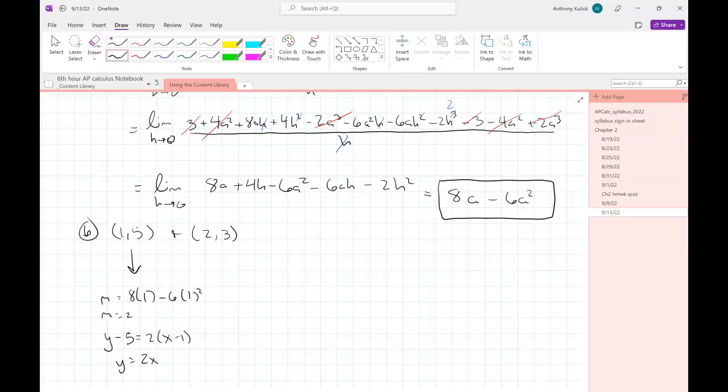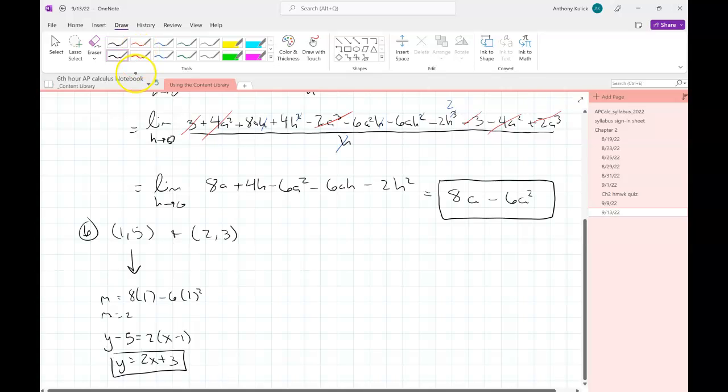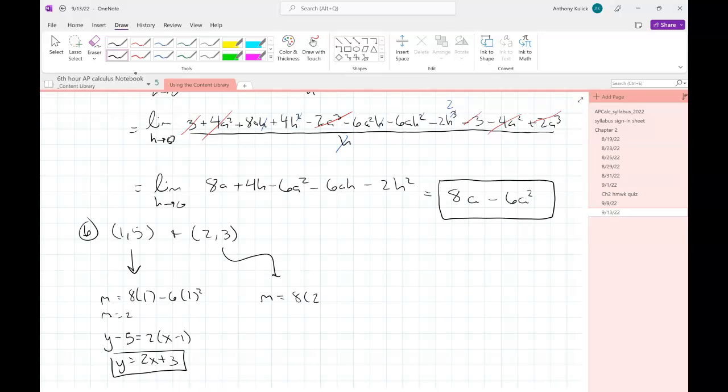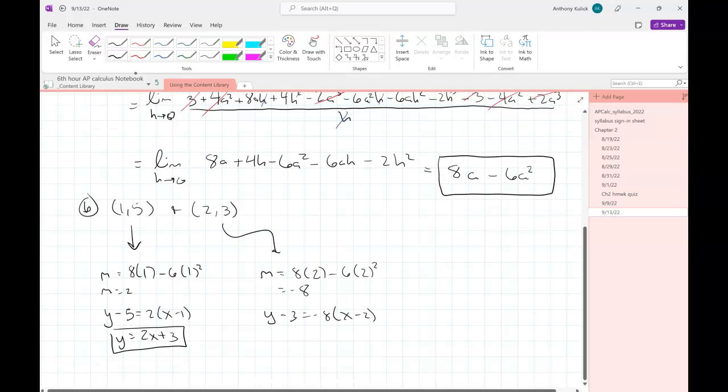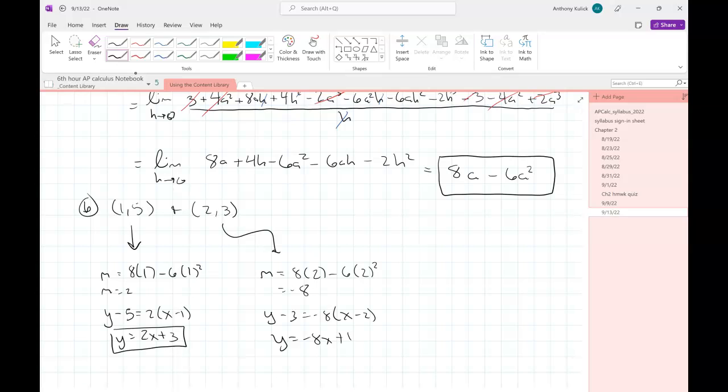So that's going to be 2x plus 3. It's 8 times 2 minus 24, that's negative 8. So y minus 3 equals negative 8 times x minus 2. So we get y equals negative 8x plus 19.